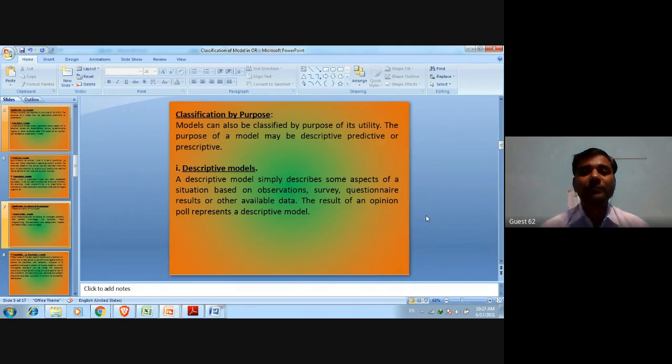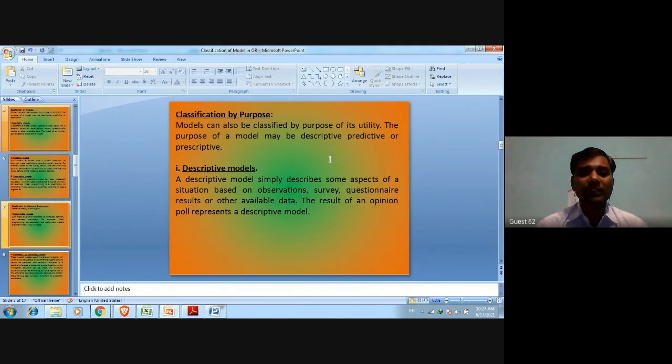These types of models are used when a particular situation occurs, for a single purpose. Suppose you have any issues in your organization, then you will use these types of models. The types are descriptive, predictive, or prescriptive.